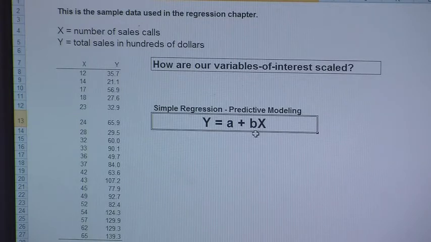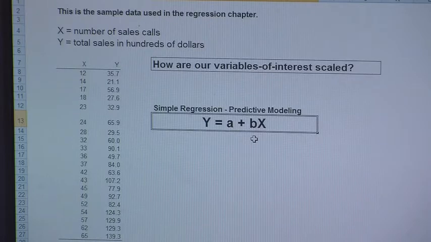Alternatively, b will be the amount of change in y that we predict for every 1 unit change in the value of x. Okay? So again, this mini lecture simply builds on the previous one on Pearson correlation, but now we work with our data to do predictive modeling using simple regression.